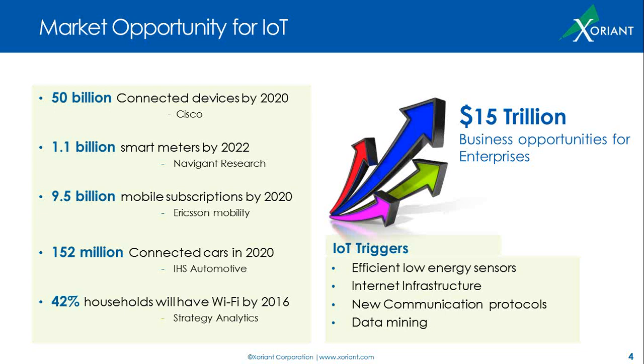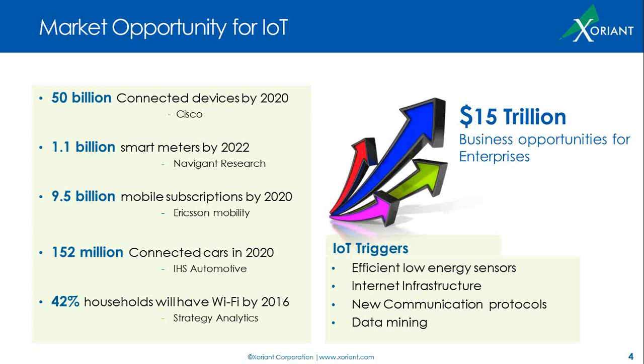So one of them is the low energy sensors. These sensor devices now are pretty much low cost. They're easy to get connected with, and you can pretty much hook them up quickly to the emerging protocols that are there. And coupled with the internet infrastructure and the cloud that's already there, it's become straightforward now to collect data, push it into a server-side system where you can analyze it.